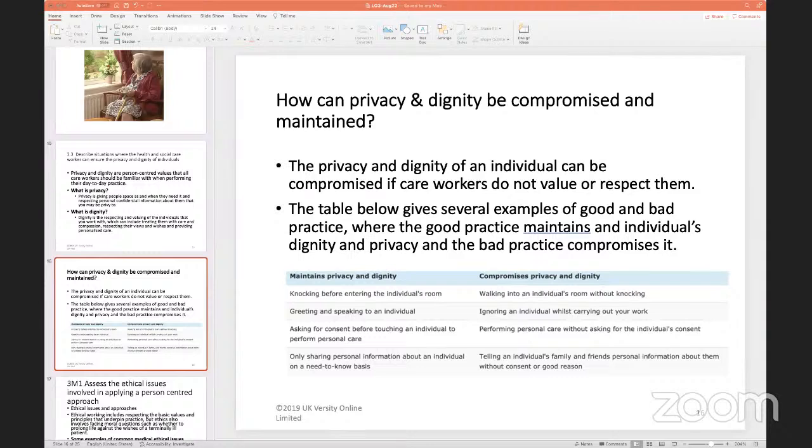So it is always asking the individual. It is also taking into account their personal views, and ensuring that you take consent and permission before any medication, treatment, or things like changing of clothes or other bits related to the care are done.